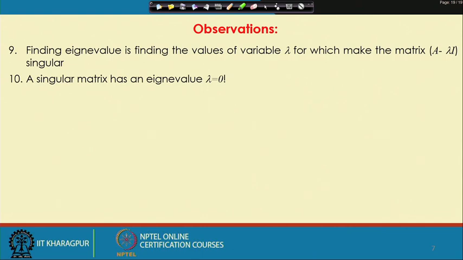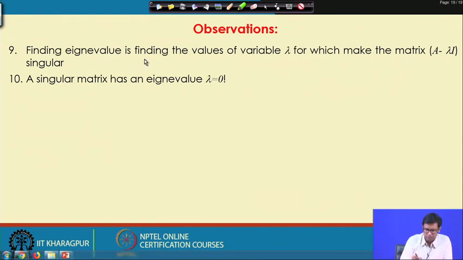So, this I think needs little more discussion. For example, we wrote determinant of A minus lambda I is equal to 0, which gives us A minus lambda I is singular.